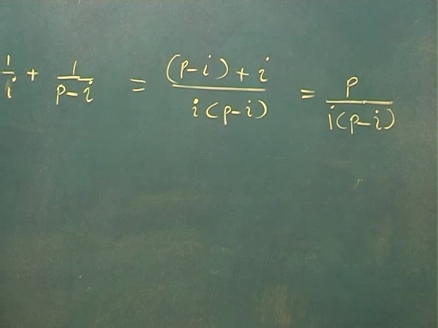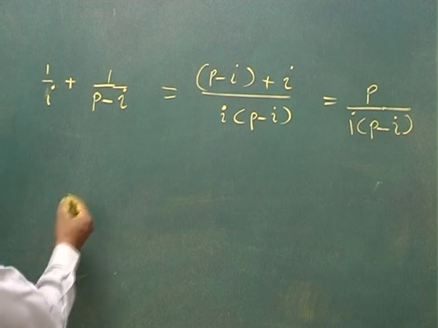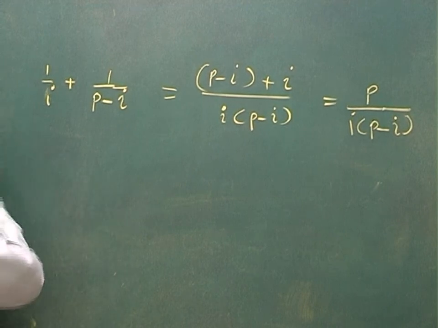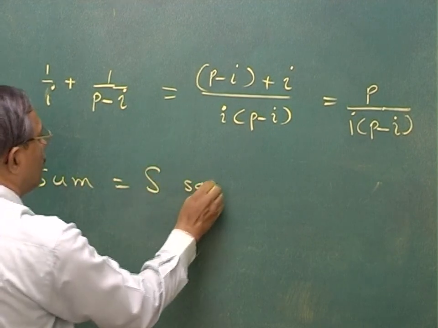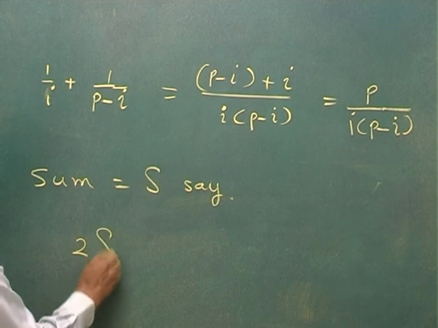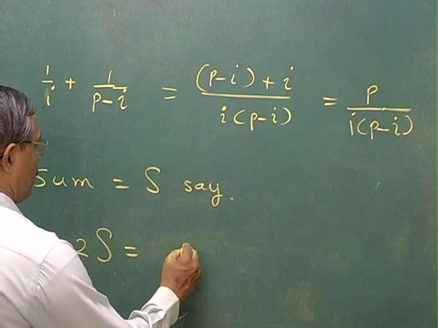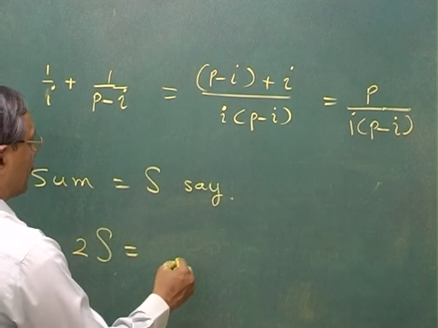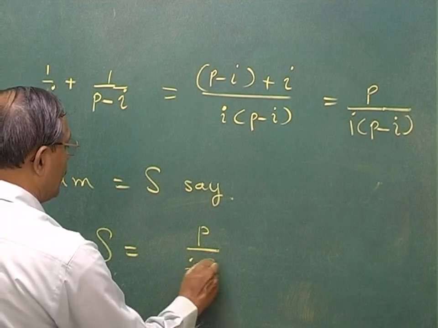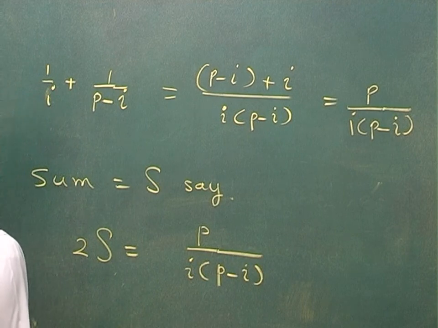So doing like this, you will see that if you call that sum as S, so what is 2 times S? 2 times S equal to p upon i into p minus i, such a thing you can do for every i.